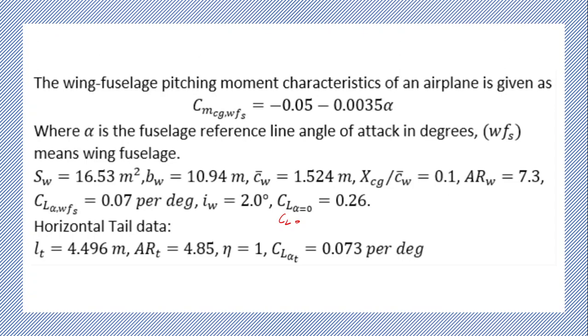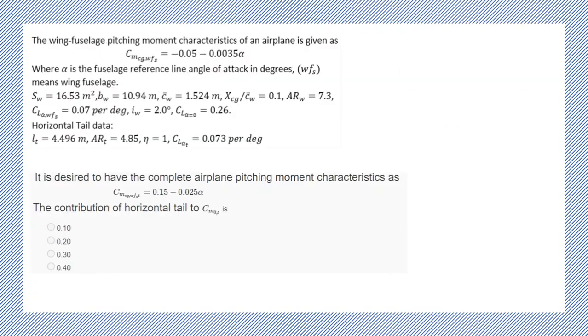Now let's have a look at the questions. It is desired to have a complete airplane pitching moment characteristic as follows. So the complete equation is given here. The wing fuselage combination is given here. Now the question is the contribution of horizontal tail to CM naught. CM naught tail. That's what we have to find out.